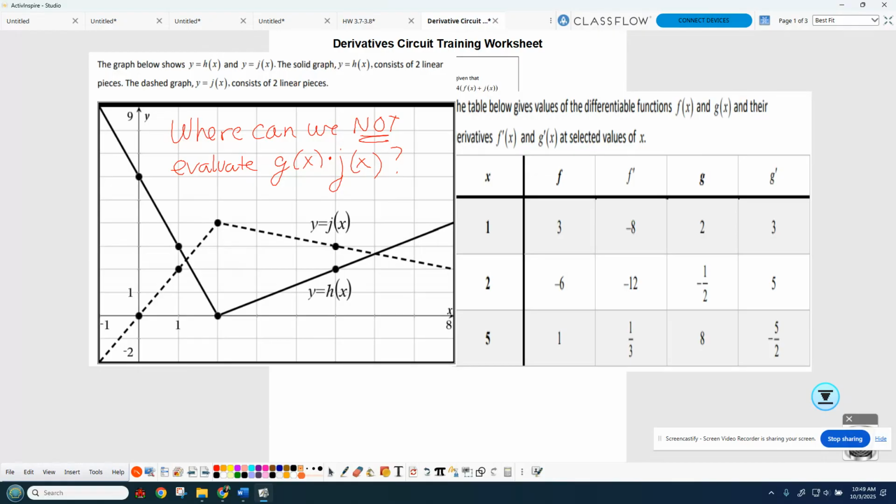Okay, because doing the derivative of that product, I'm gonna need the derivative of j at x equals 2. It's a corner, so you can't do the derivative there. Just check it.